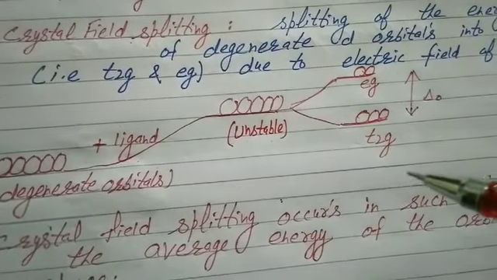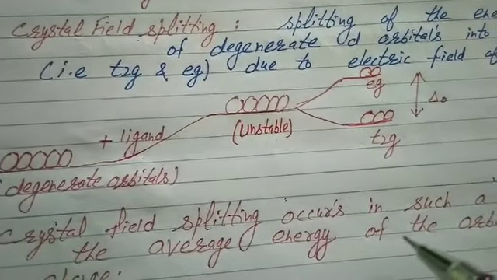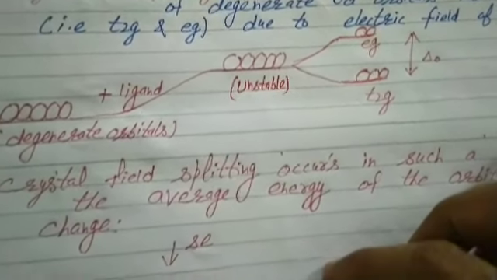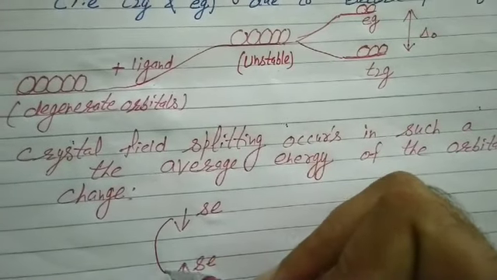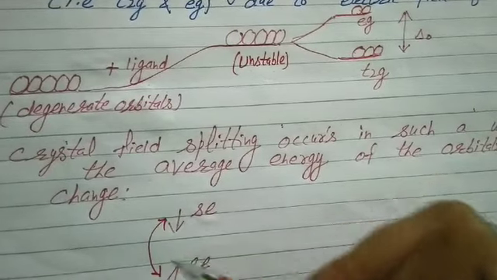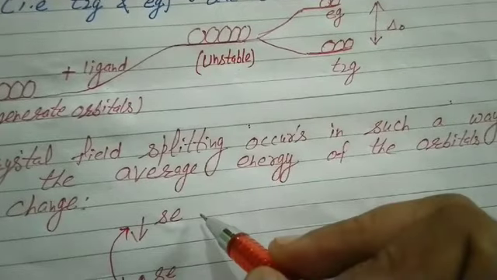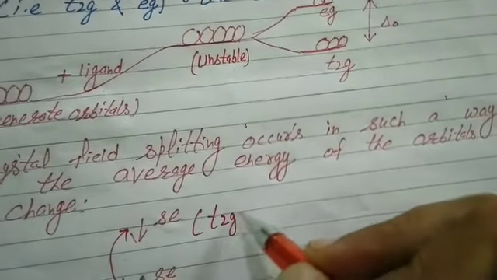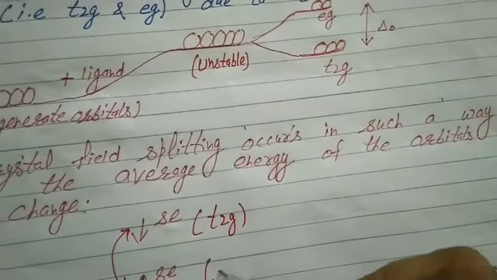Now students, crystal field splitting occurs in such a way that the average energy of the orbitals does not change. Net decrease in energy is neutralized by overall increase in energy. Again I am going to tell you the trick to find the decrease or increase. Decrease in energy is for the t2g level, and increase in energy is for the eg level.